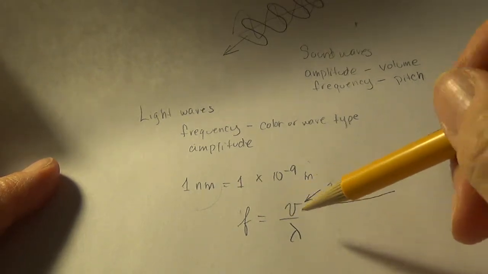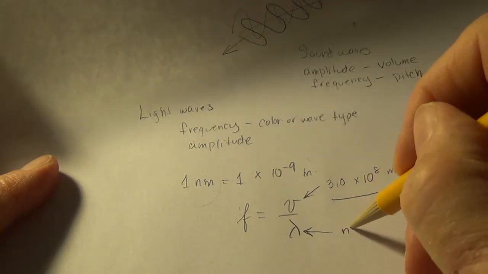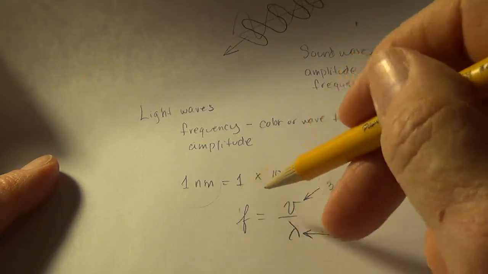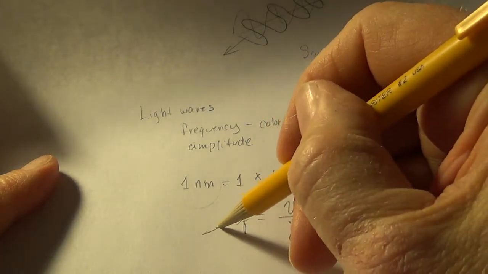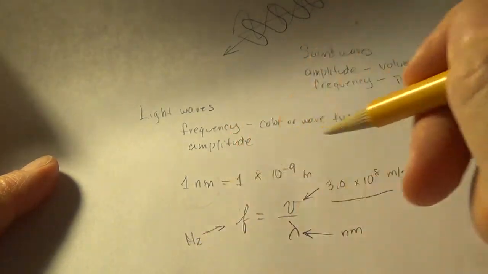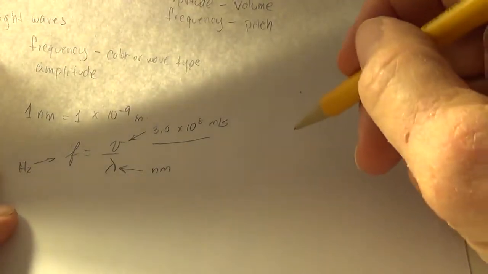Now, if the wavelength is given in nanometers, we're going to have to switch it to meters in order to combine it and to get hertz. So frequency again is in hertz. All right, so let's look at an example.